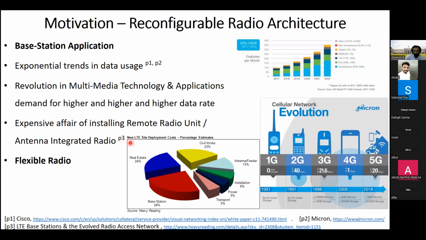For example, if you take an LTE site deployment cost, around 24% of it goes into the real estate, 23% of it goes into the civil works and 13% of it goes into the new radio, antenna feed. So if we have a reconfigurable radio or a tunable radio, then we can significantly reduce this cost, and that will reduce the prices at which the data can be shared with the users. So this is another application of tunable radio or the configurable radio.